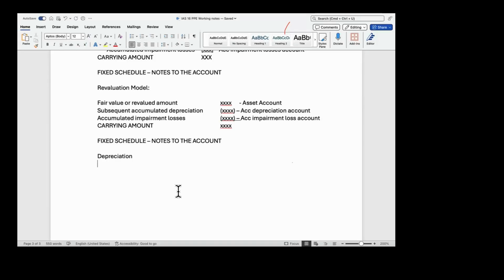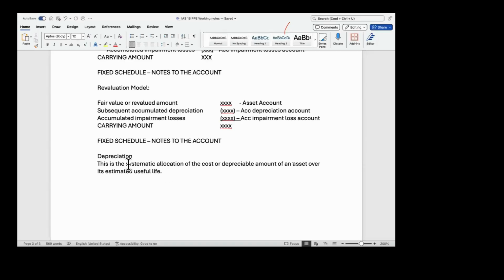Then what is depreciation? According to IAS 16, depreciation is the systematic allocation of the cost or depreciable amount of an asset over its estimated useful life.